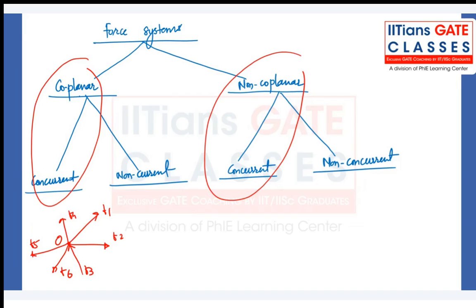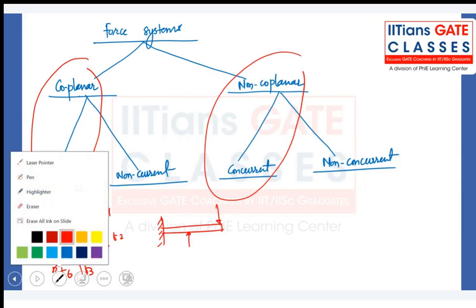Let me give an idea. Suppose we have a beam like this. On this beam, one force is acting in this direction, another one in this direction. So clearly these forces are not passing through a single point, right?